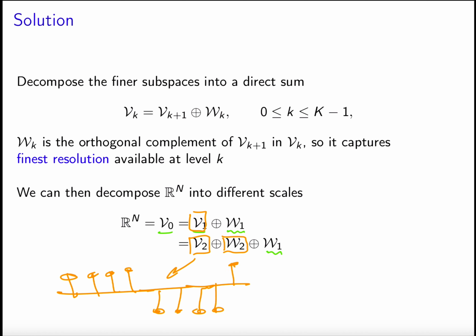And now W2, I'm going to draw maybe here, is going to contain vectors that are orthogonal to these guys but are still constant because they're still in V1, so they're still constant on segments of length 2.